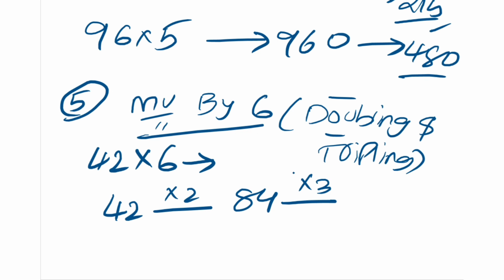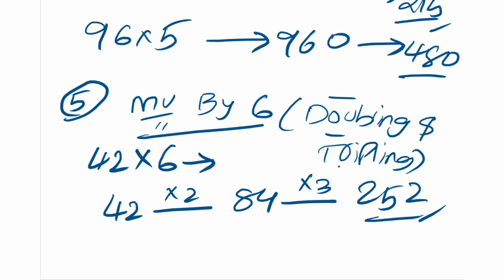So 84 into 3 is going to be how much? If you are in difficulty to calculate 84 into 3, 80 into 3 is going to be 240. 4 into 3, 12. So 252. So this is our answer. 42 into 6 would be 252.